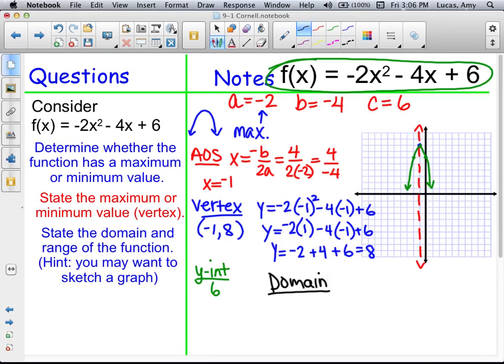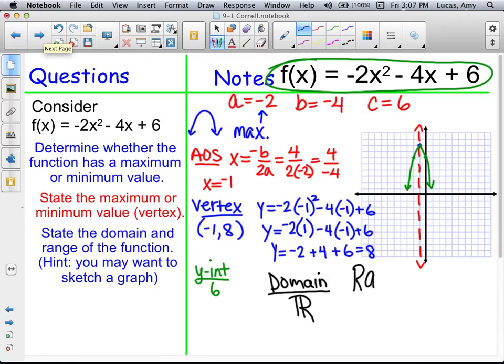Yes. What about 0? Can we plug in 0 and solve it? Yes. That gives us 6, our y-intercept. Can we plug in any positive number? Yes. So the domain is all real numbers. We can substitute anything we want for x, and we can solve.